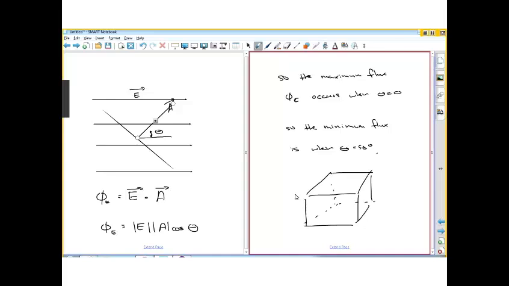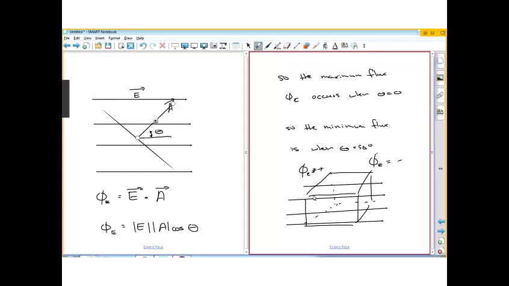Relative to this box, if the electric field is going from left to right, on the left-hand surface of the cube the flux is positive because it's going in, and on this side, where it's leaving the surface, the electric flux is negative.